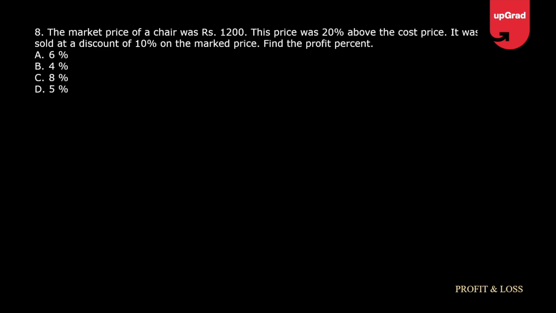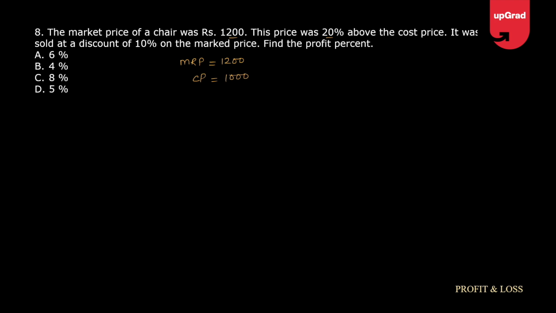Let's look at some of the questions on the concepts of mark price and discounts. The mark price of a chair was rupees 1200. This price was 20% above the cost price. Now I can directly write it as the marked price, let's say MRP, is 1200. This price was 20% above the cost price, which means my cost price should be equal to 1000.